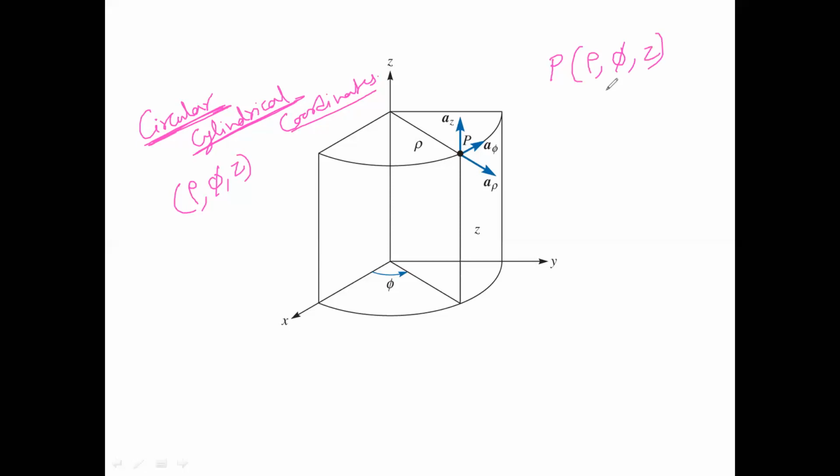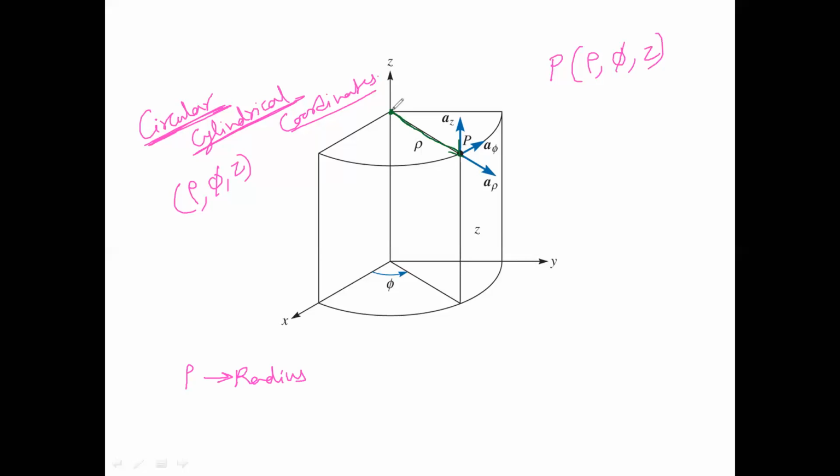Now let us see what these are called. First, rho is the radius of the cylinder passing through P. If you see this diagram, it clearly shows that it starts from the axis point, on the z axis at the center, and moves towards and passes through P. I hope you can follow this green line which I am drawing.